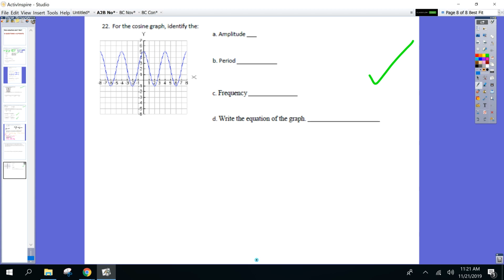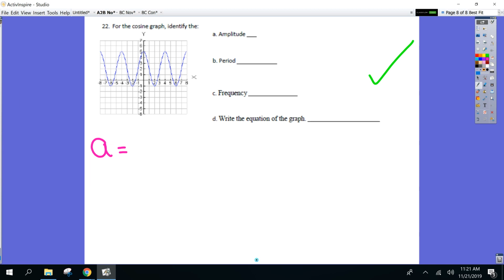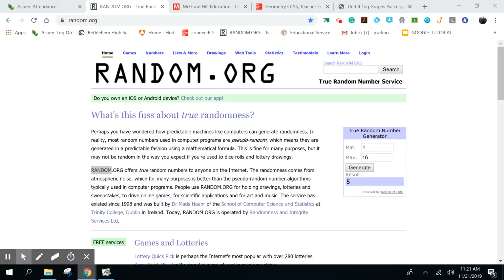Okay, ready? Cosine graph. Identify what the amplitude is. Now, does it go up and down the same amount? No, so you just can't give me 5 here. But you do have a way to find it. How do I find the A value here? Number 12, A value.